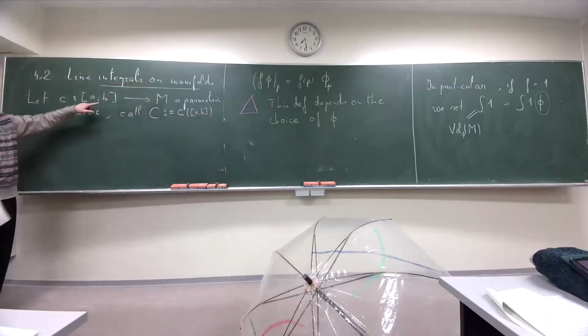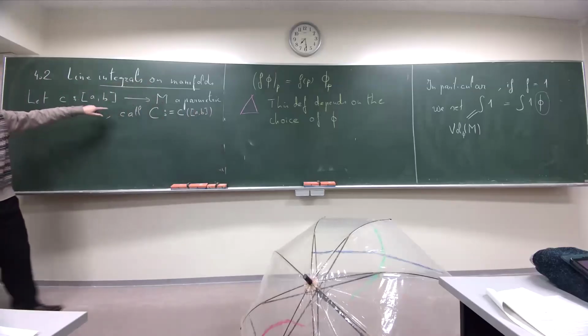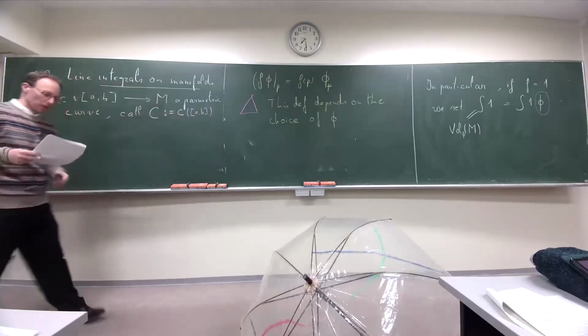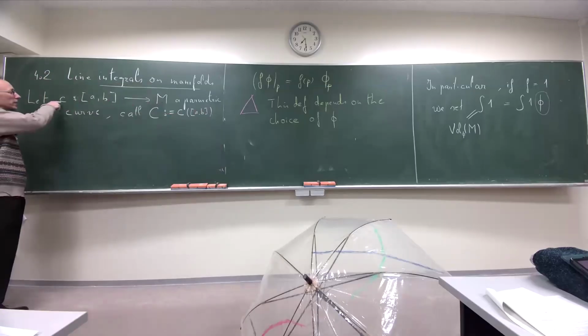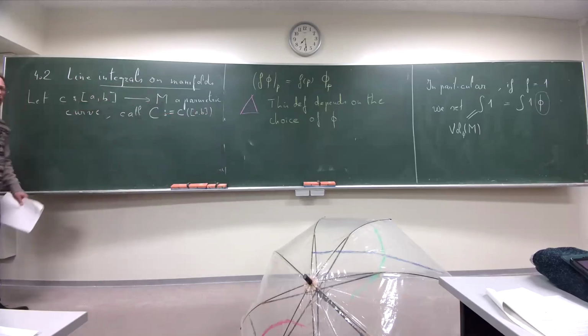Be careful, this is a manifold with boundary. This is also a manifold with boundary. So we are dealing with manifolds with boundary simply because at a certain point I need to evaluate C at A and C at B. If I take it open, I have a small problem. So yeah, I need to take it with boundary.